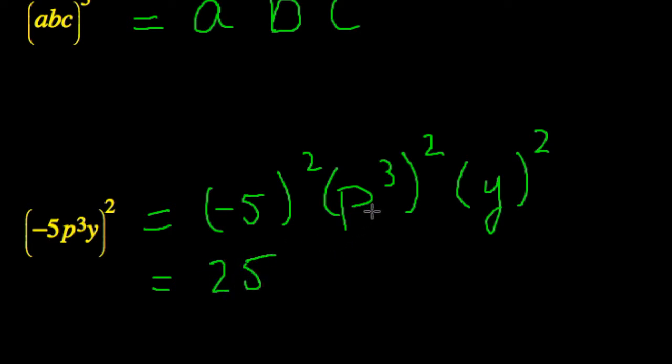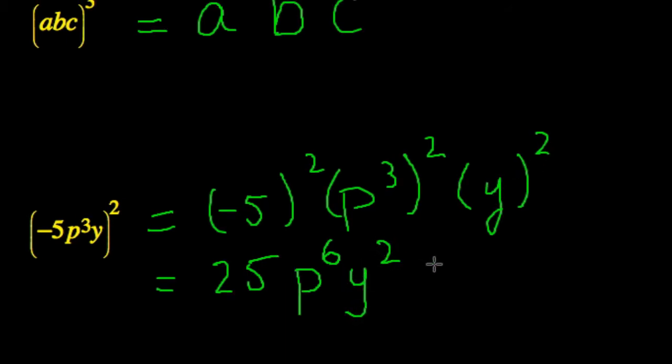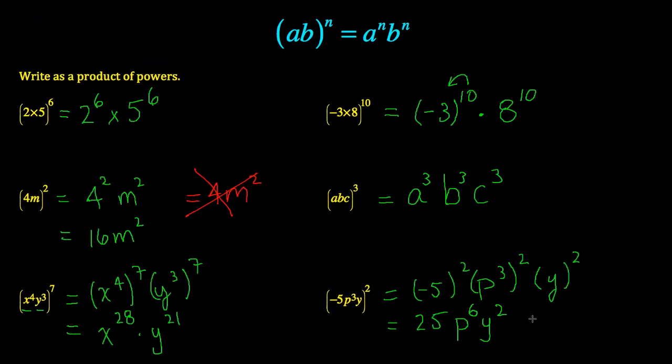Using our power of a power rule, p to the exponent 3 raised to the 2 becomes p to the exponent 3 times 2, or p to the exponent 6. And then finally, y raised to the exponent 2 is just y squared. That's all there is to it, and I'm out of time.